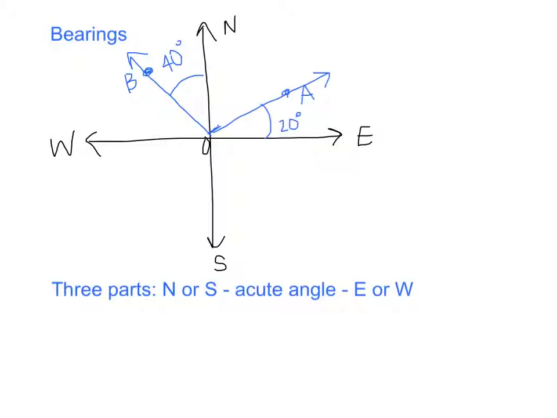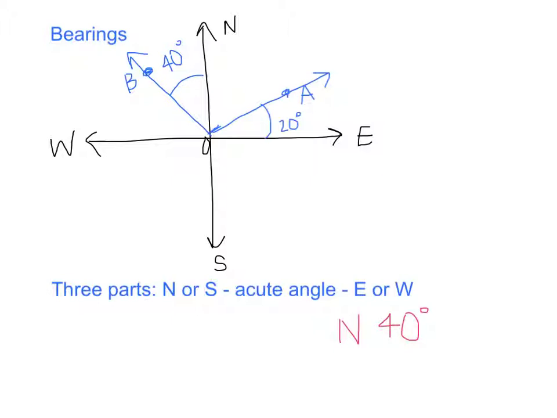They've already given us that. So remember, the way that you describe it is three parts. First you give the direction whether or not you're closer to north or south. And if you notice, it's closer to north. So you would say north, and the acute angle is 40 degrees.